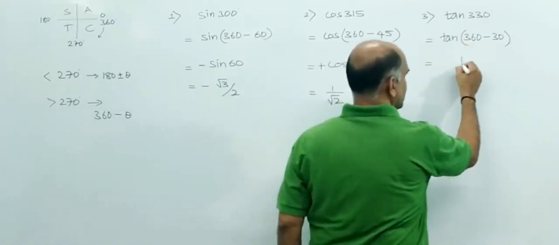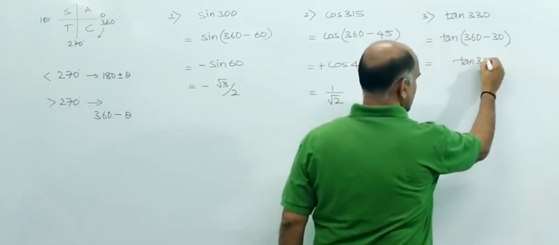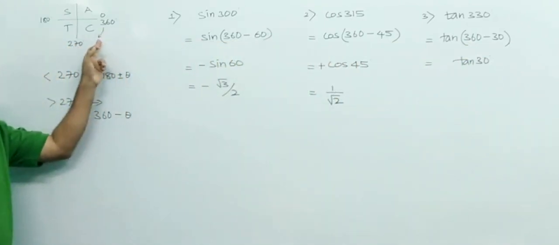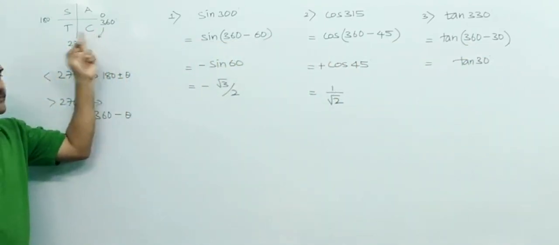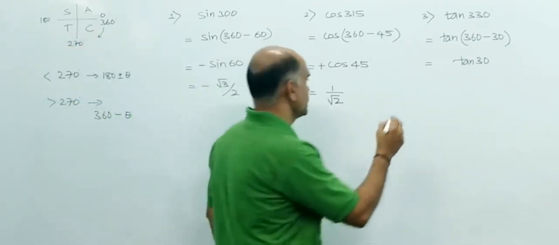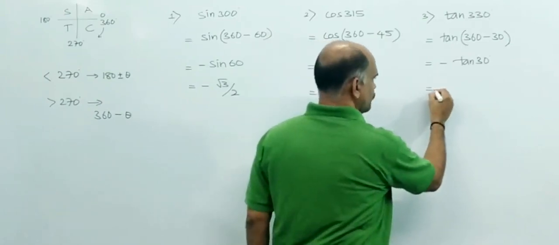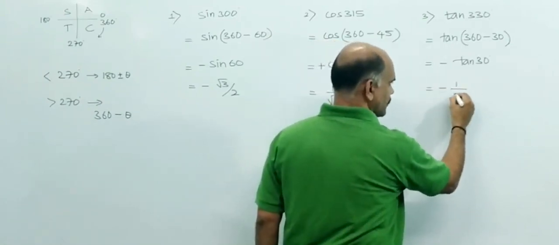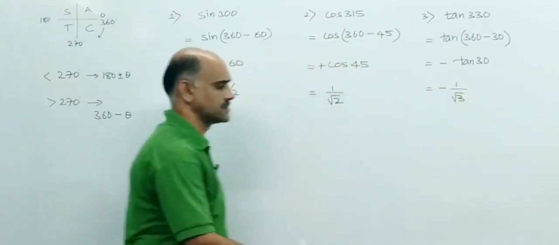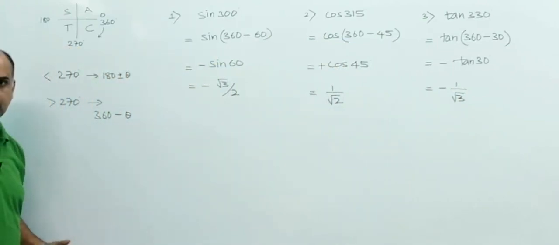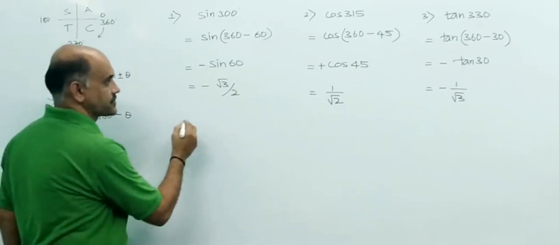You will have tan 30. 360 minus means it is in the fourth quadrant. In the fourth quadrant, tan is negative. So you will have minus tan 30, which is 1 by root 3. Clear, students? Next.